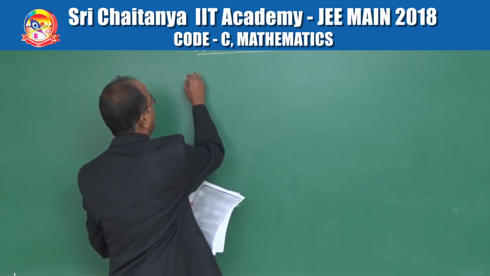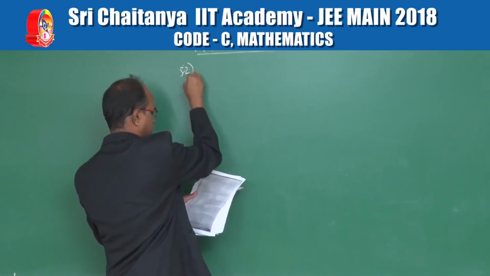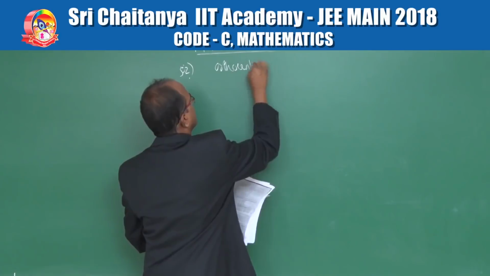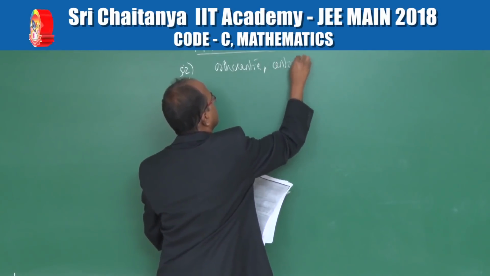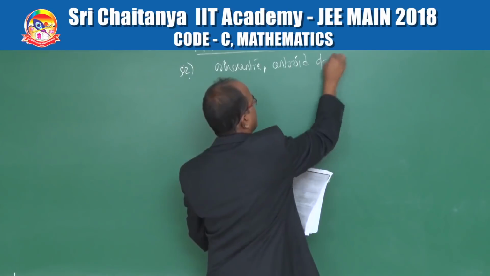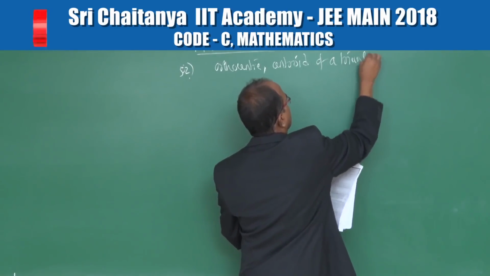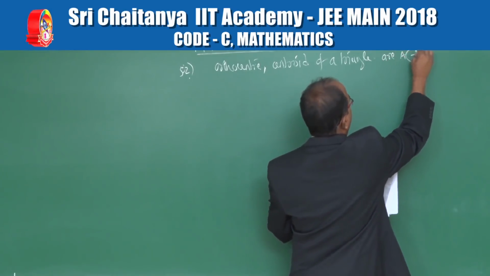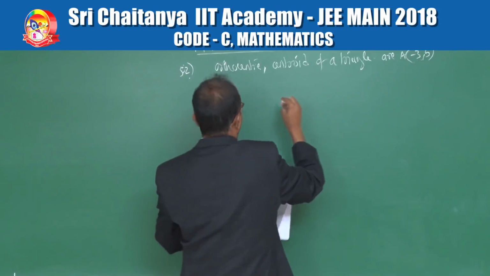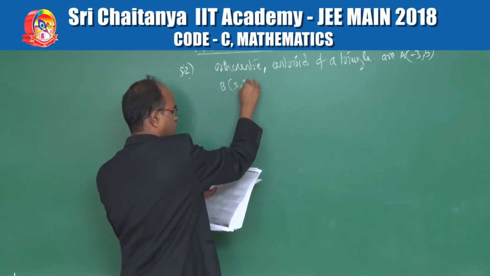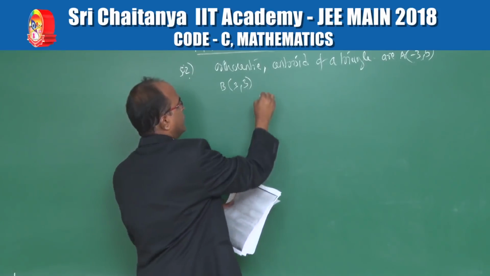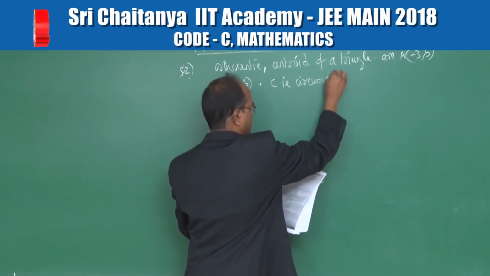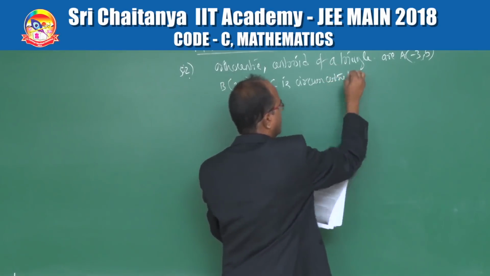Coming to 52nd question, orthocenter and centroid of a triangle are A -3 5 and B 3 3 respectively, and C is circumcenter of the triangle.